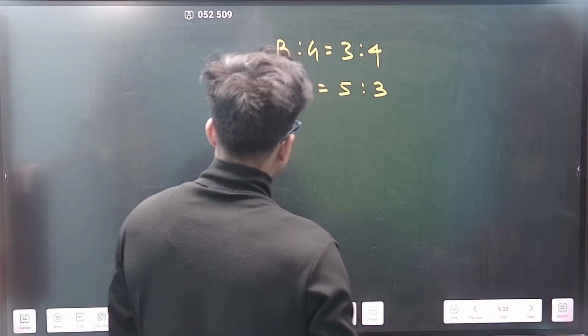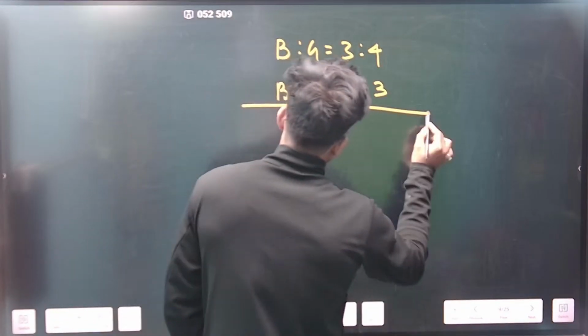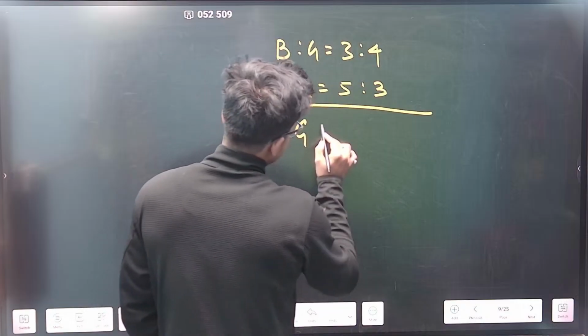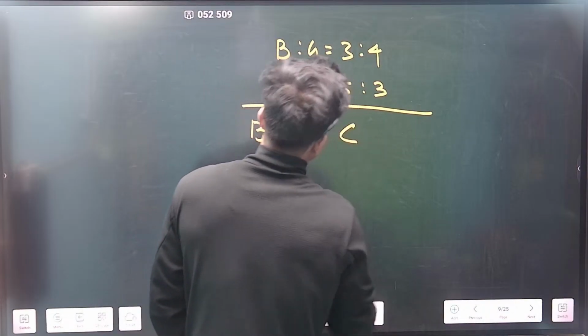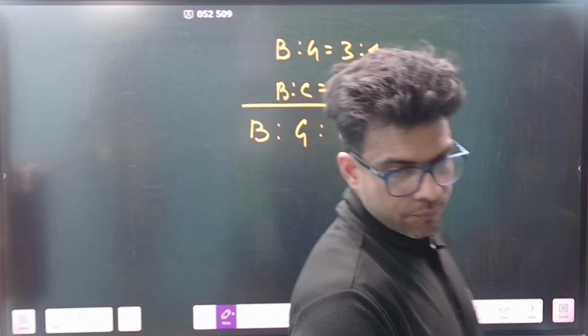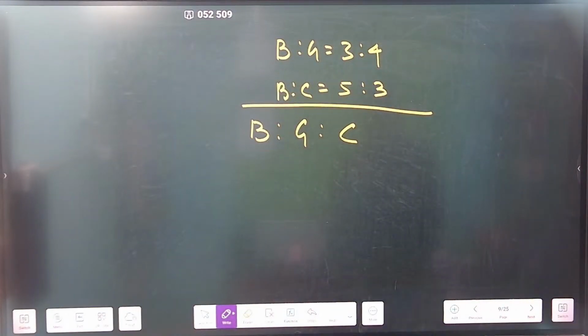Then my question is, find out the ratio of boys to girls to children. Can you figure it out? The ratio of boys to girls to children.